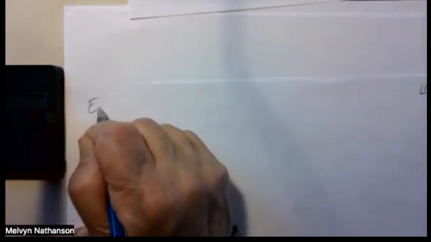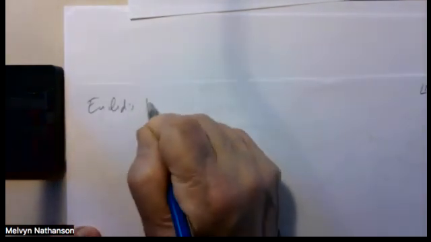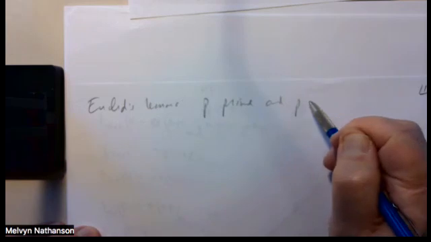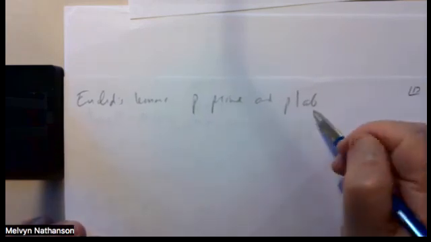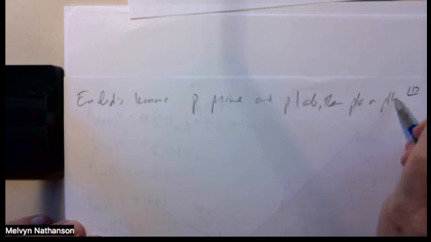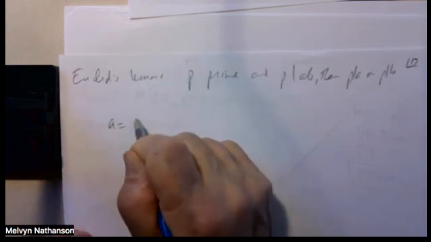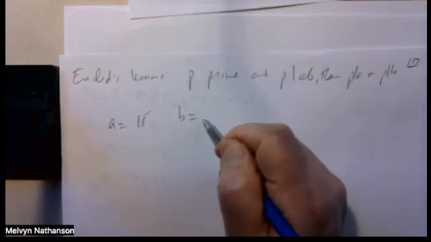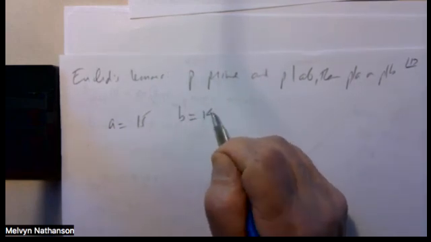Euclid's lemma says that if P is prime and P divides AB, then P divides A, or P divides B. So suppose we take the number A to be 15 and B to be 14.